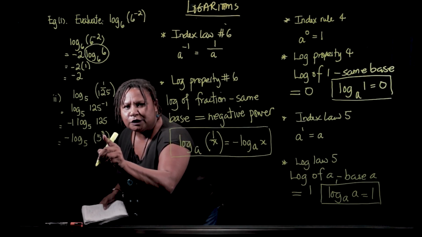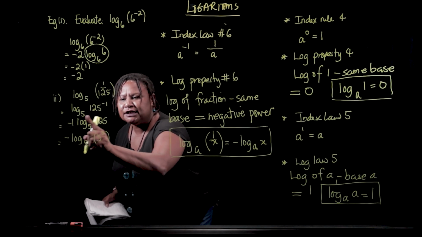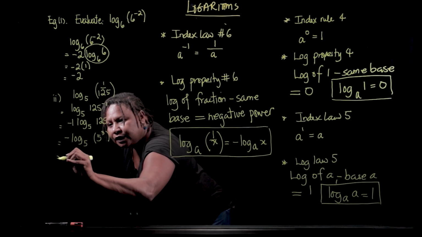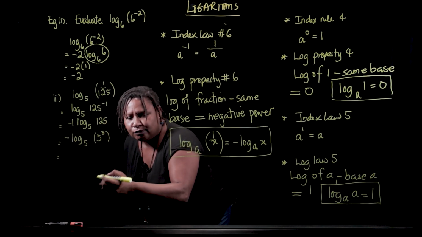Now what happens to this power here? We are still going to apply the law where the index is moved across to become the coefficient of log. So here, remember, negative is otherwise negative 1.